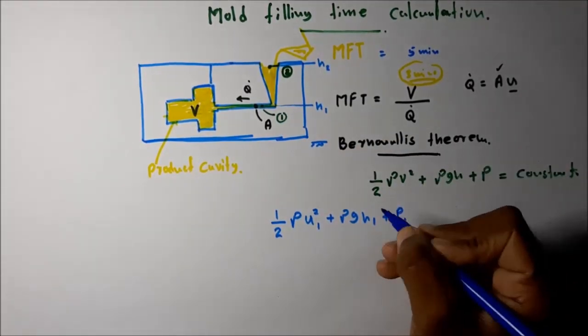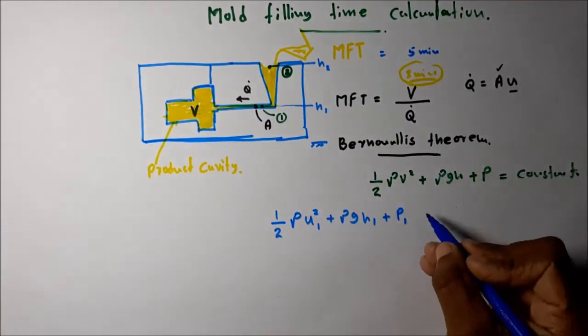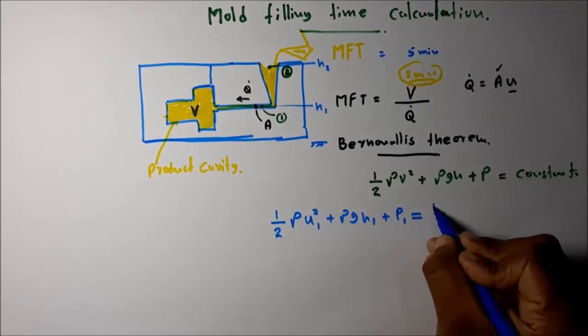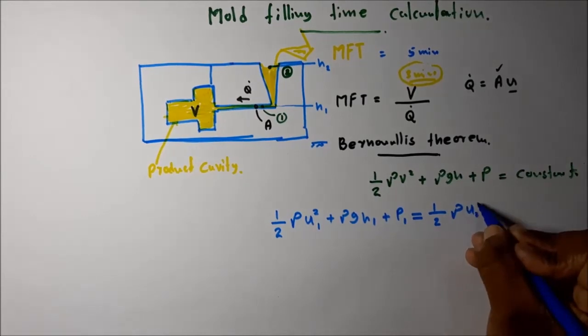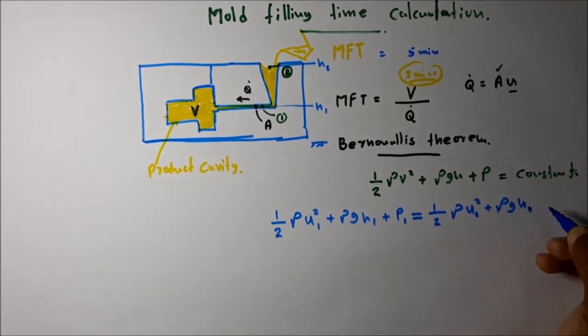Let's take the pressure at this point as P1. Then a constant, that is equal to half into rho U2 square plus rho g h2 plus P2.